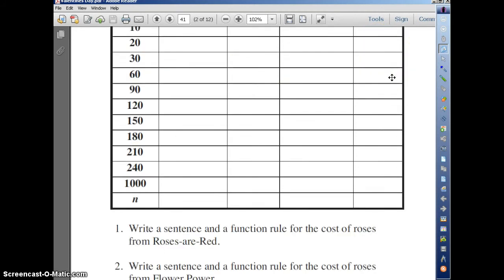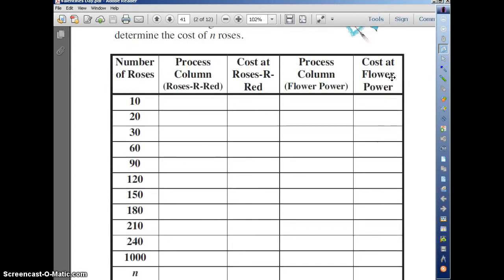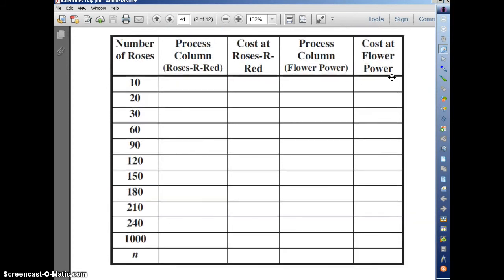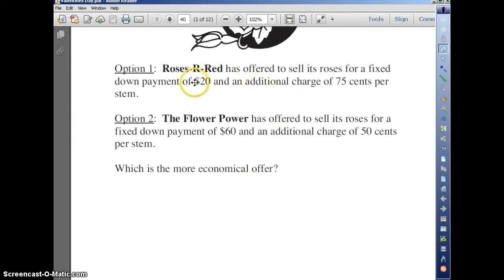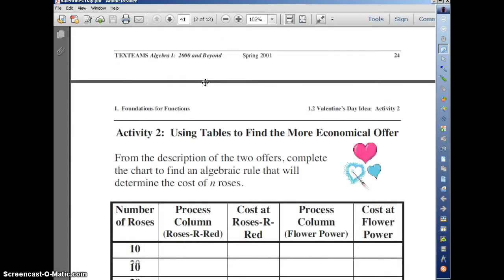Okay, I'm going to get you guys started, and then you're on your own to finish filling this part out. Now, Roses Are Red, what was that offer? Roses Are Red is a fixed down payment of $20 and 75 cents per stem.